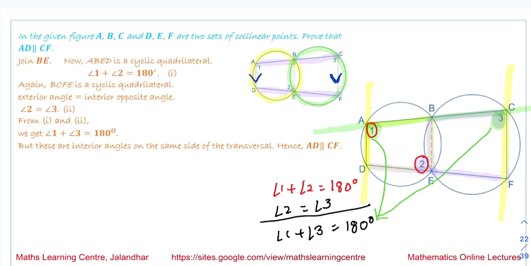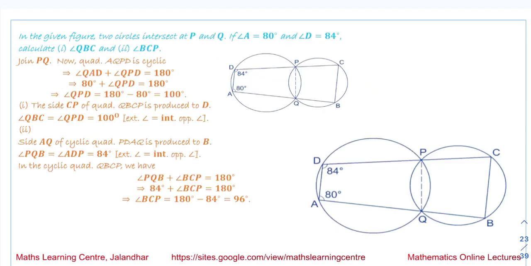Next we are given two circles and they are intersecting at the points P and Q. We are given the angle at A is 80 degrees, the angle at D is 84 degrees.